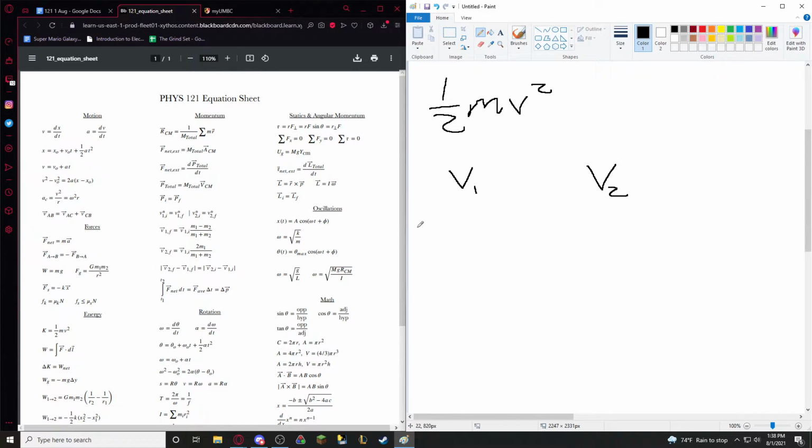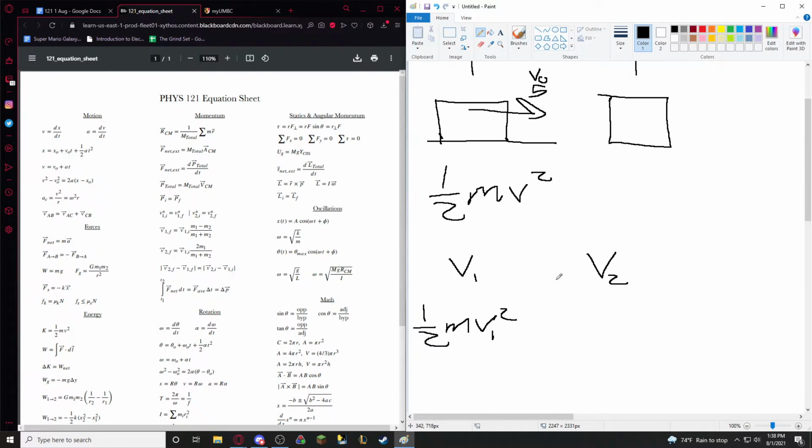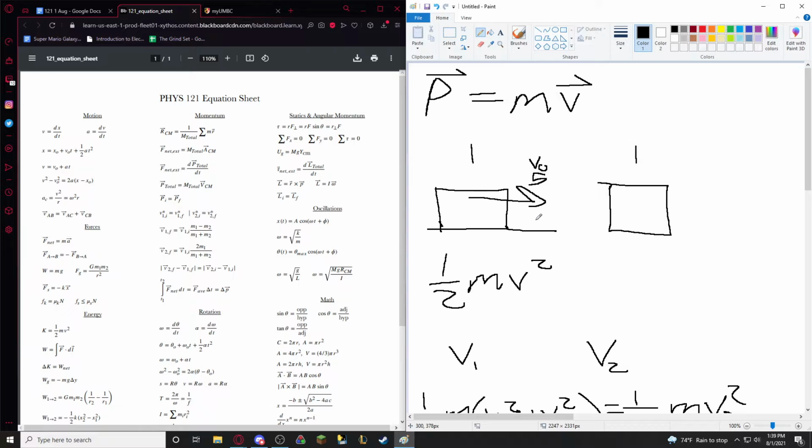So we have to find a way such that half m v1 squared for the first block plus half m v2 squared, which I'll write together as half m (v1 squared plus v2 squared), is equal to half m v naught squared, the total initial energy of the system.